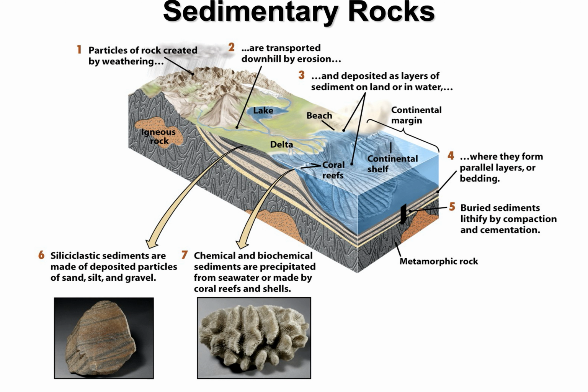Here we have the deposition at the beach, we have a delta, and then we have the continental margin. At the continental margin we have the coral reefs, and we have the continental shelf. There they are forming parallel layers of bedding.